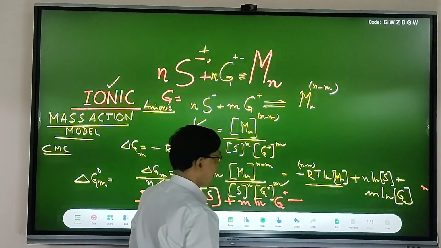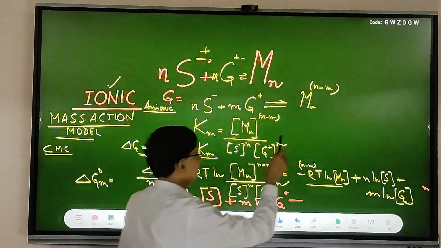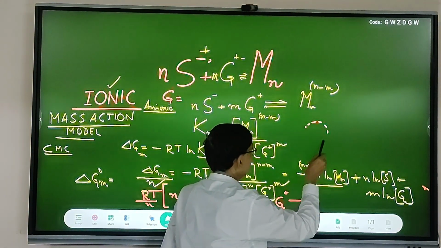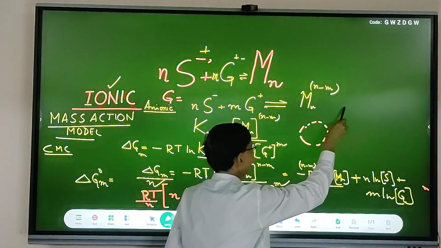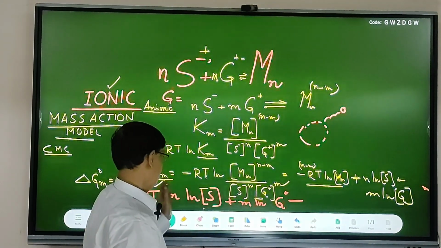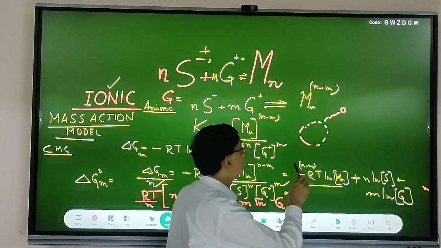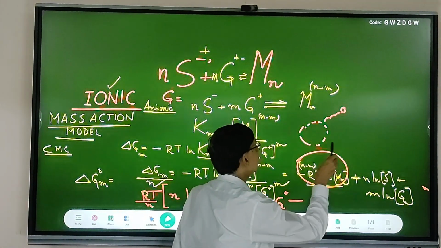Then this part is actually, in non-ionic also you have seen the micelle formation with the help of a single term. So in the right hand side equation, that part can be neglected or cancelled.